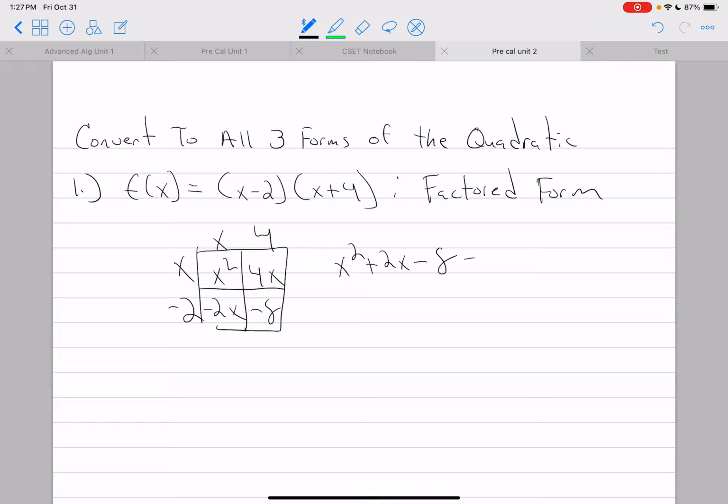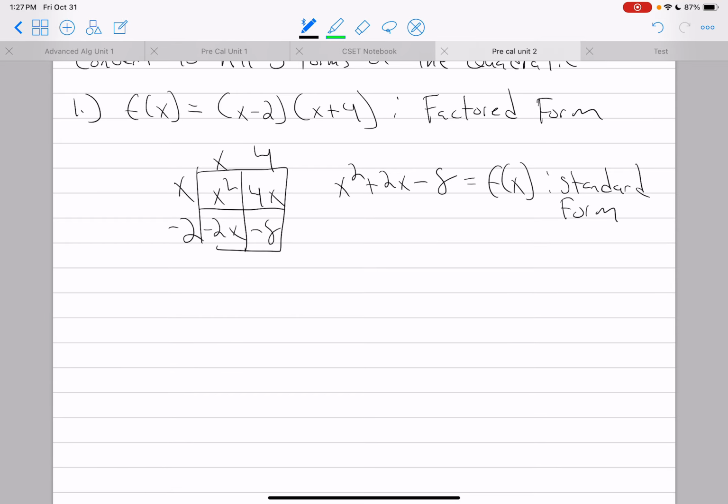Look at this. That equals f of x, and that gives you standard form. All right, I got a factored form. I just did the area model. I multiplied those factors. I turned it into standard form. What's my last form? I got to figure out vertex form.